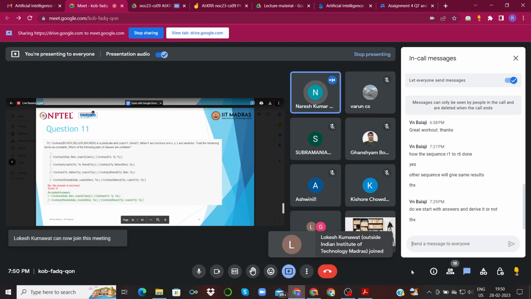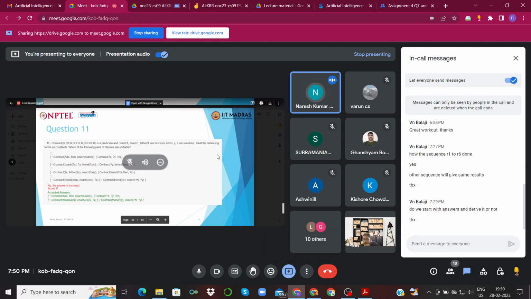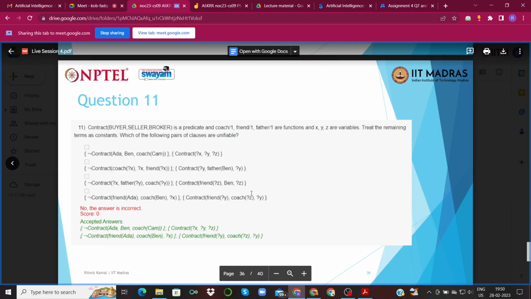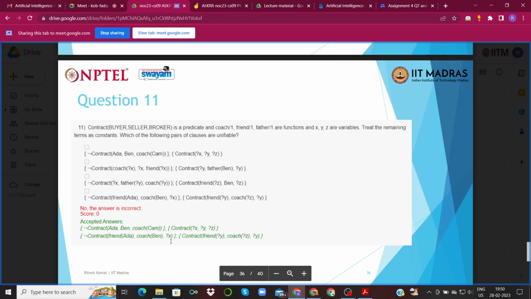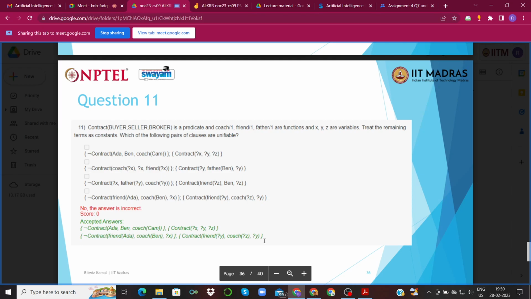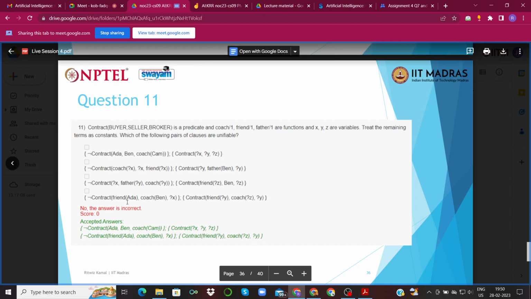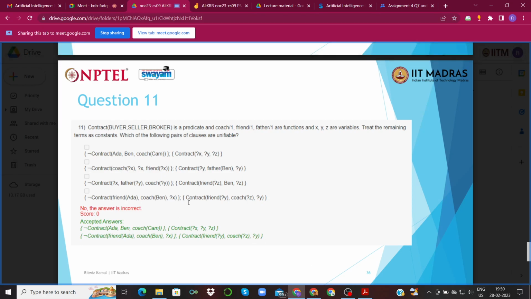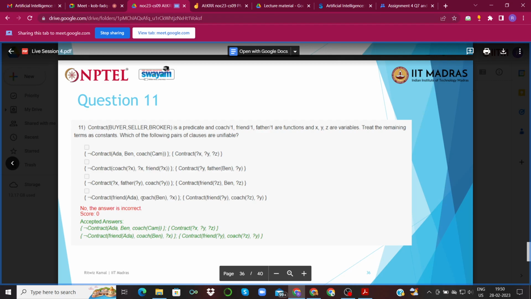If we replace y with both x and ada, won't it create any ambiguity? I don't think so, because here you replace friend of y with friend of ada.